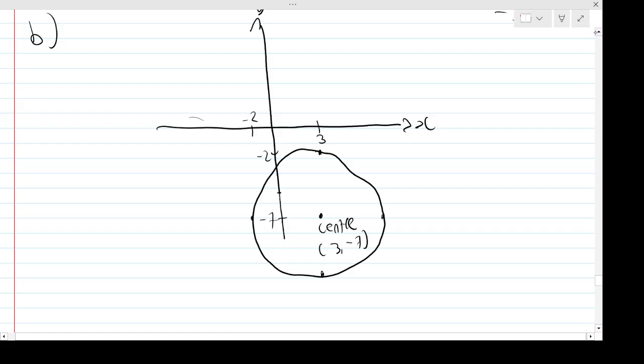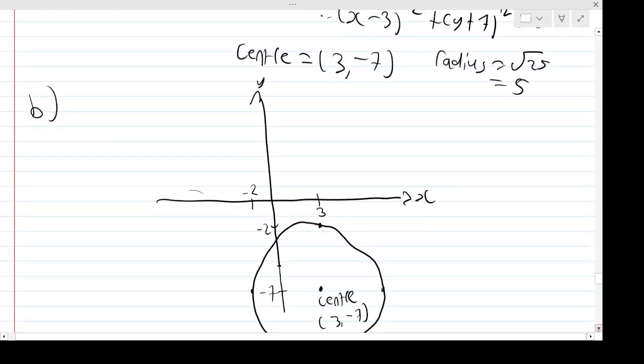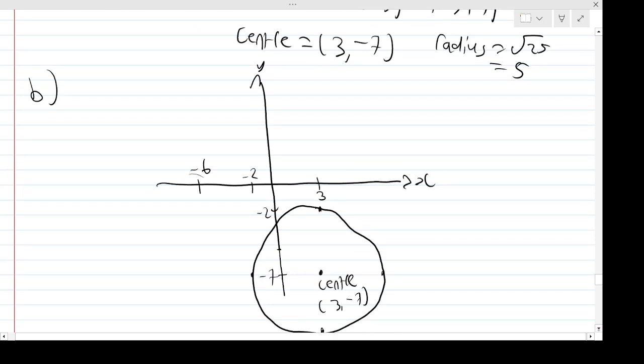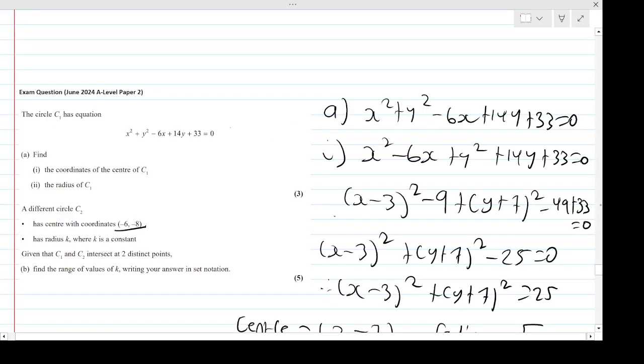Okay, cool. Now, for this circle C2, we are given the centre is minus 6, minus 8. So minus 6 would be about there, and minus 8 would be there. So that would be the centre in that case, okay? But we're not given a radius. It told us the radius is k, okay?